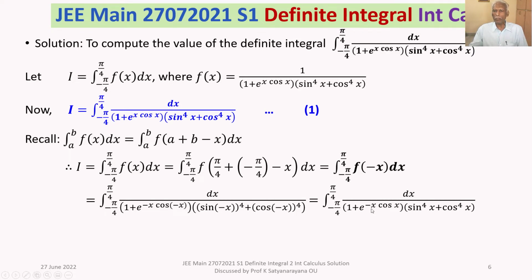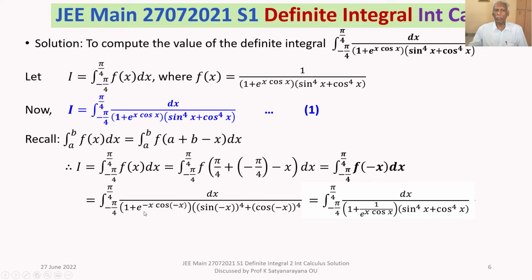For this e to the power of minus x cos x, we will write 1 by e power x cos x, take the LCM and send this factor to the numerator. Then we will get the integral from minus pi by 4 to pi by 4 of dx by 1 plus 1 by e power x cos x.